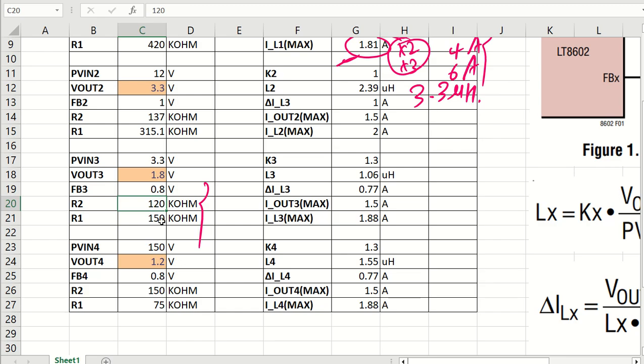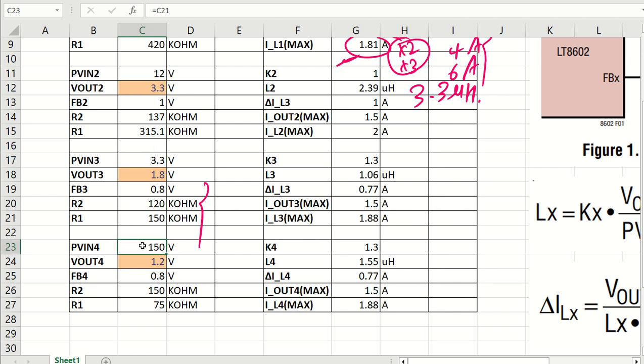Okay, so what will happen? Let us say I am going to take 200 kilo ohm R2, then 249 kilo ohm will be the value of R1. Okay, so I will not change it. I am liking this value of 120 kilo ohm, so that's the reason I am going to utilize 150 kilo ohm. Okay, similar to that, coming back to PV in 4. So PV in 4, the voltage input will be same as PV in 3.